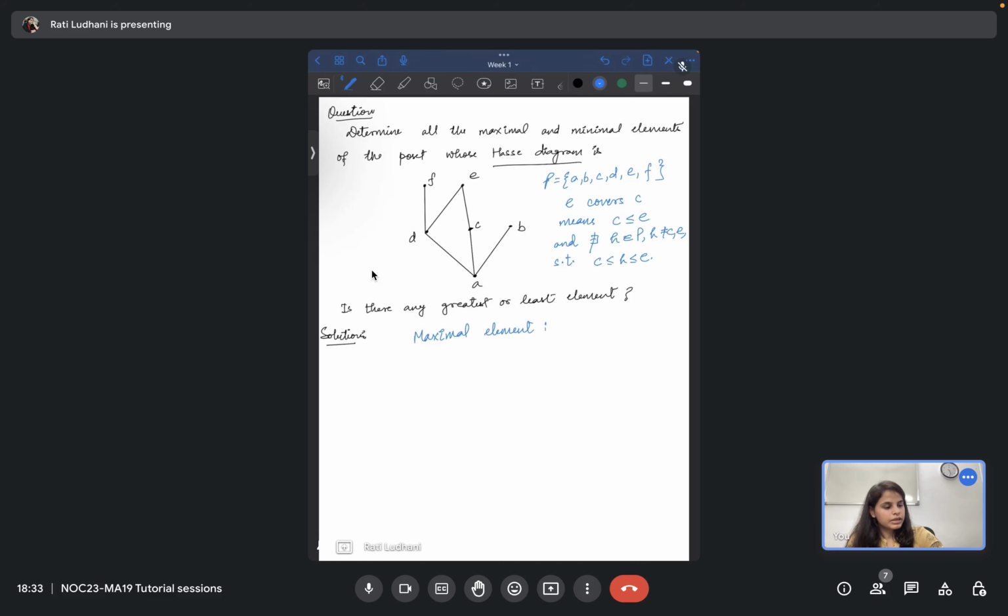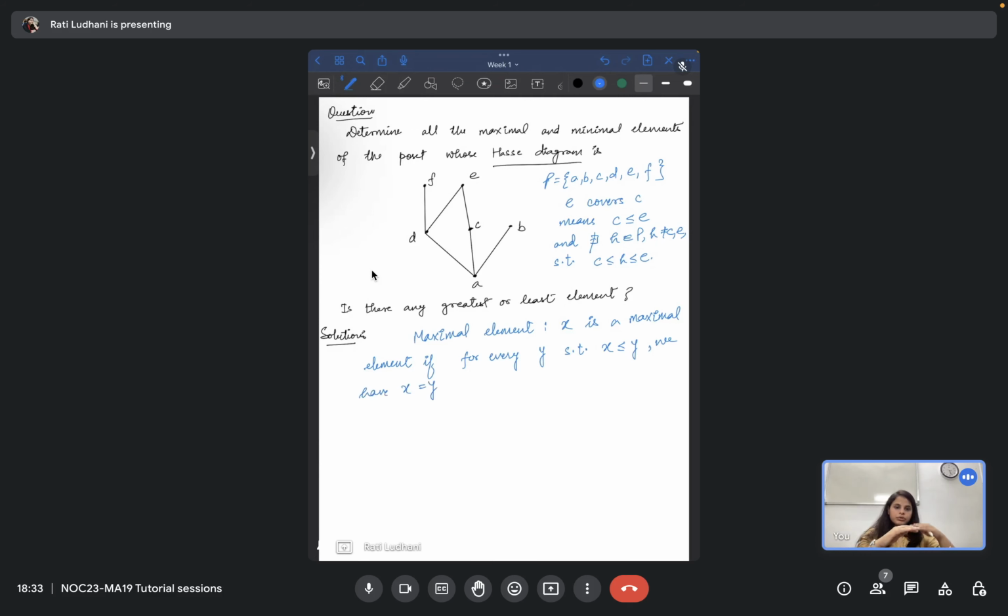I'll write: x is a maximal element if for every y such that x is less than or equal to y, we have x is equal to y.